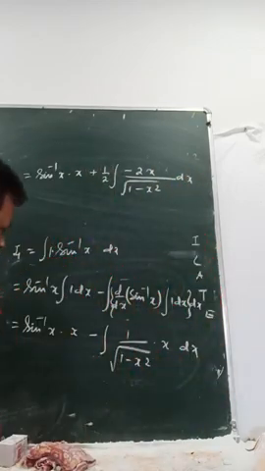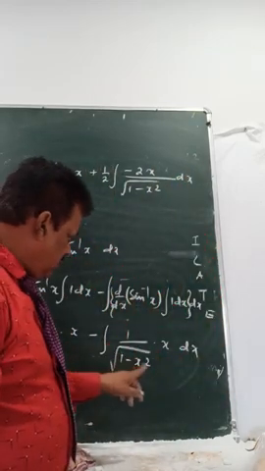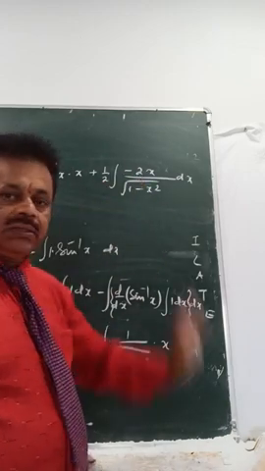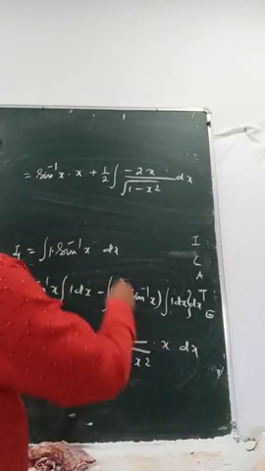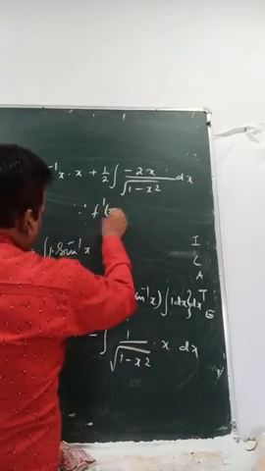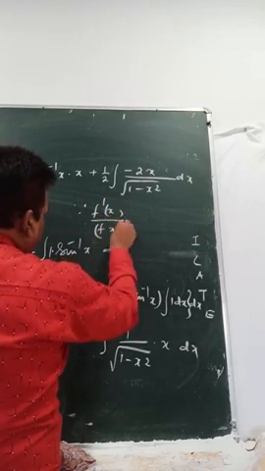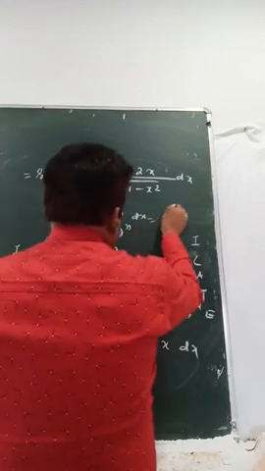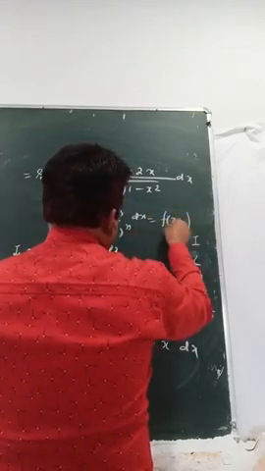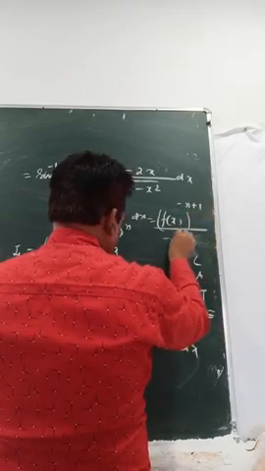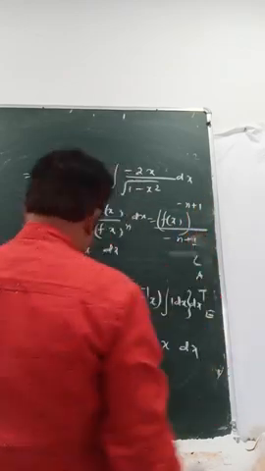What I did, I took minus inside, then half into 2. So minus 2x means its derivative is this one. Which formula? Integral of f dash x by f x to the power n dx is f x to the power minus n plus 1 by minus n plus 1.